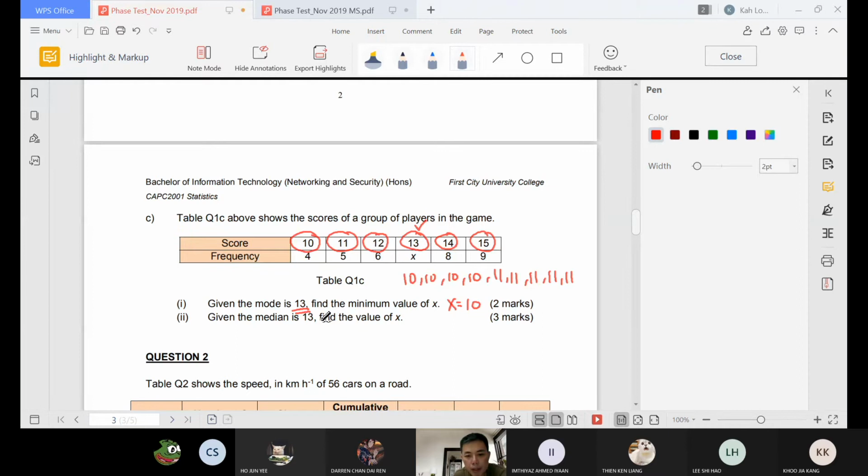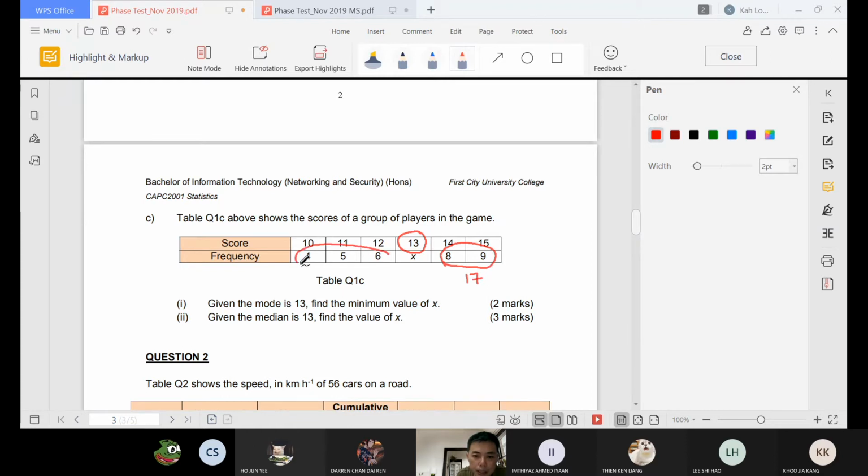Okay, now median will be 13. This question we also discussed previously. You know that median must be 13, so it must be the middle of the data set. From the right side itself you have 17 data.